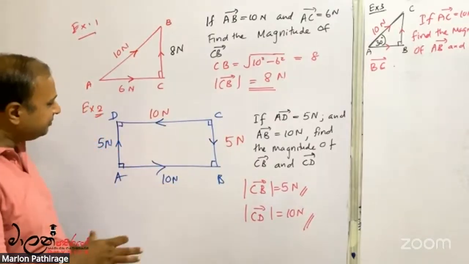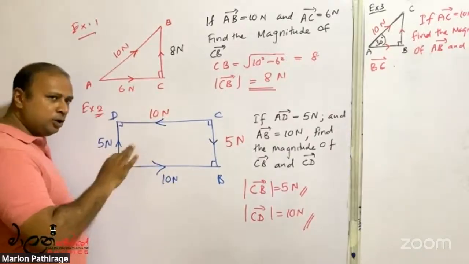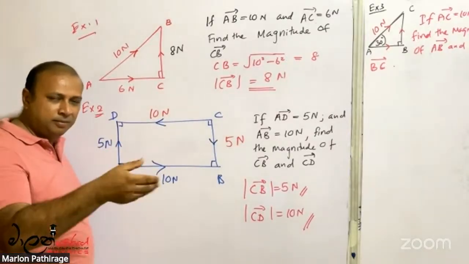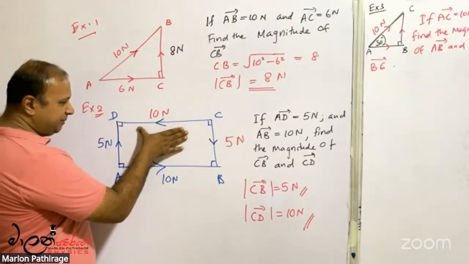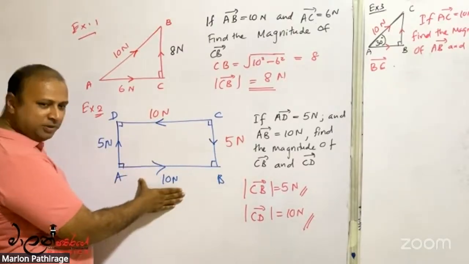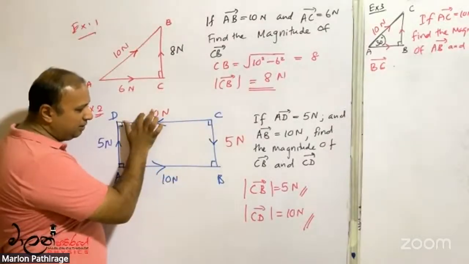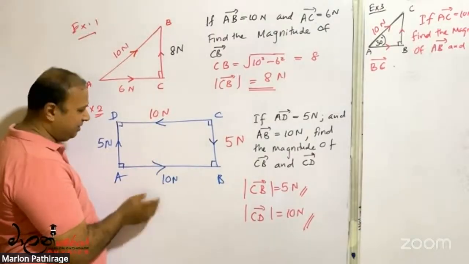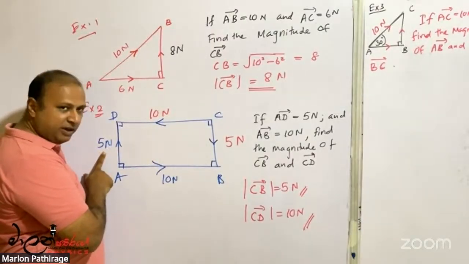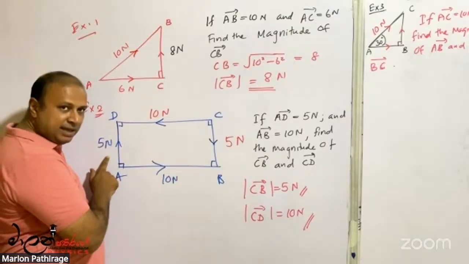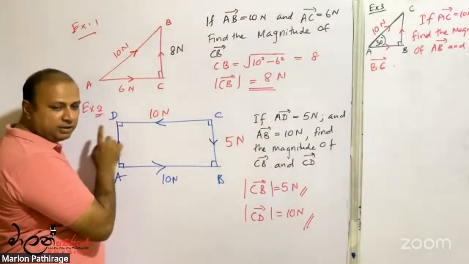But remember, your argument is correct. This AD vector is the negative vector of CB, and CB vector is the negative vector of AD.